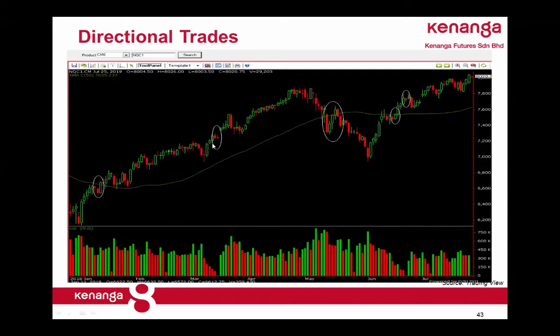And this one, the circle here without crossing the line, will be the rollover period. We have two rollover periods here. One is in March, one will be in June. And here you see another signal to sell.